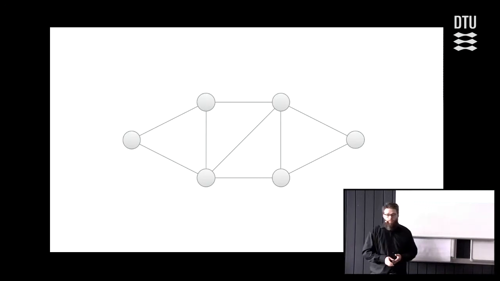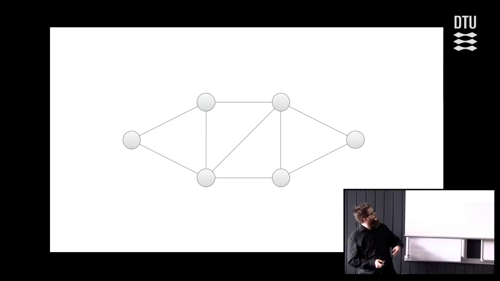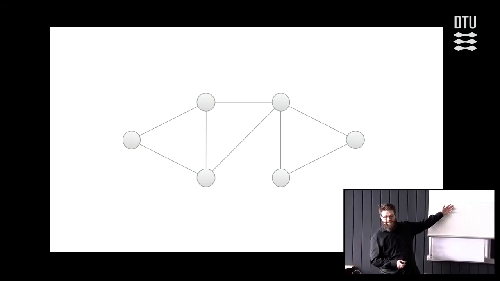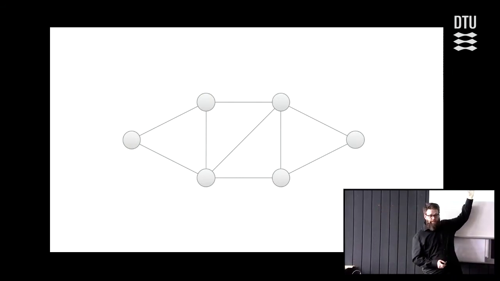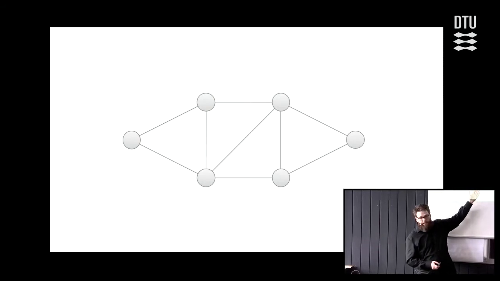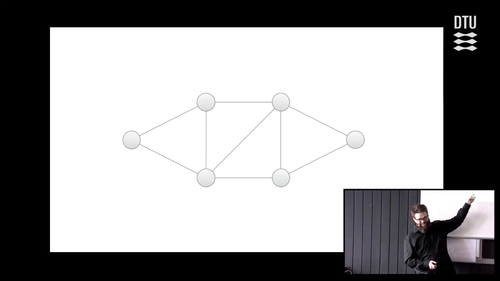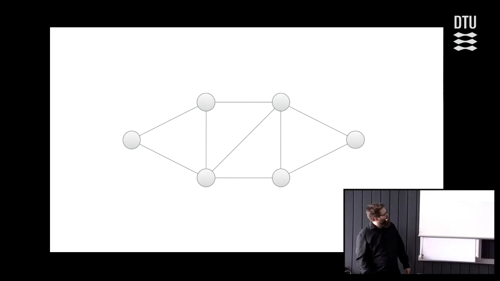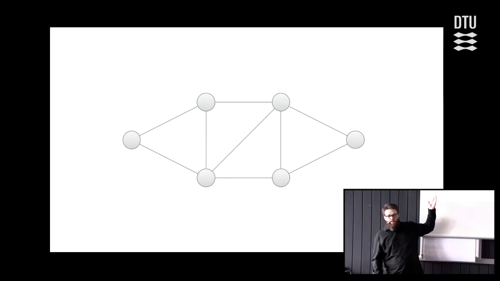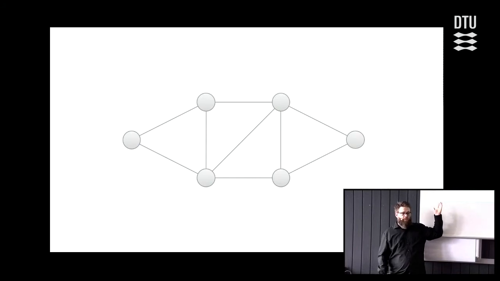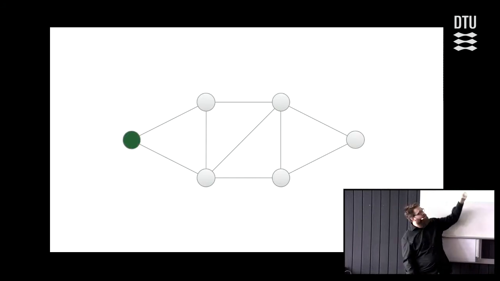For those who do not know complexity theory or graph coloring, this is a graph. The circles, we call them nodes, and the lines are called edges. And the graph coloring problem is then to color these nodes. Every node needs exactly one color. For instance, I can color this a very, very dark green.